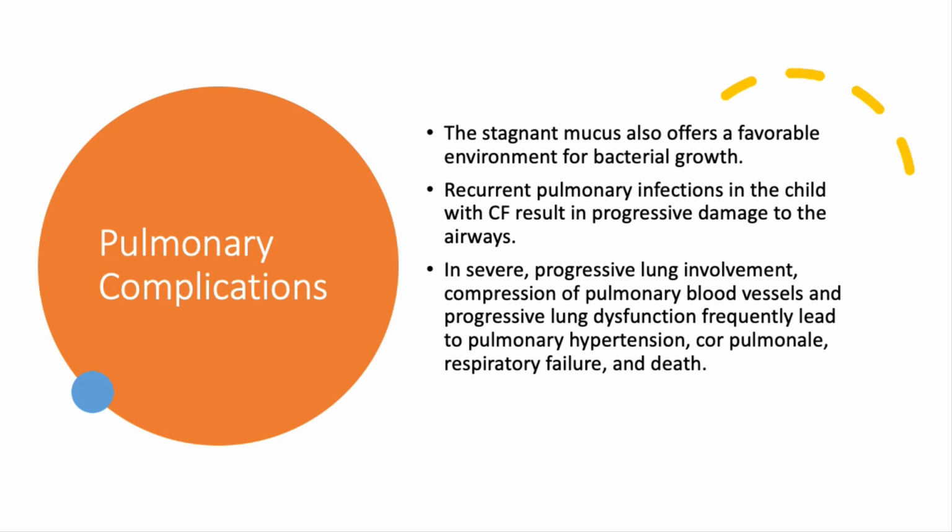And this is why our children with CF have recurrent pulmonary infections. These recurrent infections cause changes to the lung tissue and also to the pulmonary vasculature bed, which eventually lead to pulmonary hypertension, respiratory failure, and death. Many of these patients end up requiring a lung transplant.